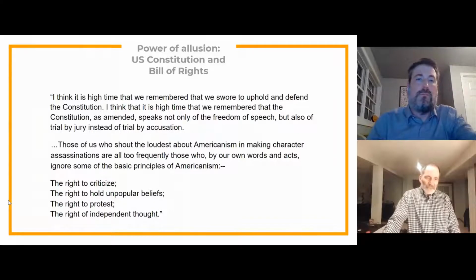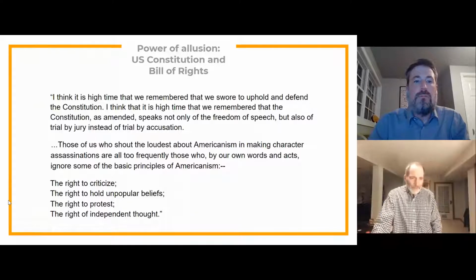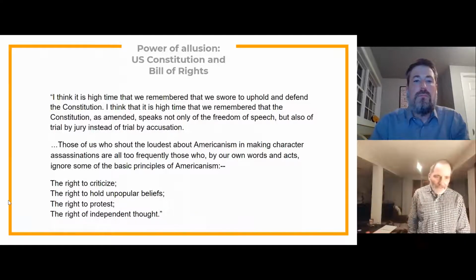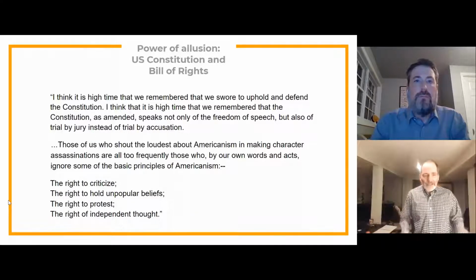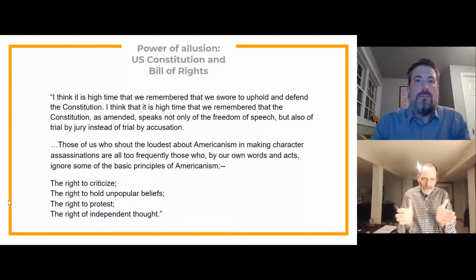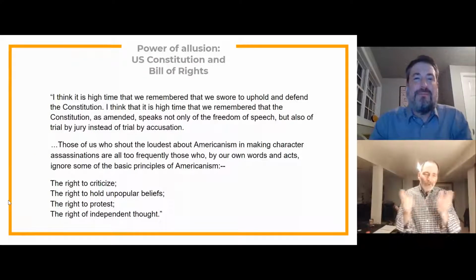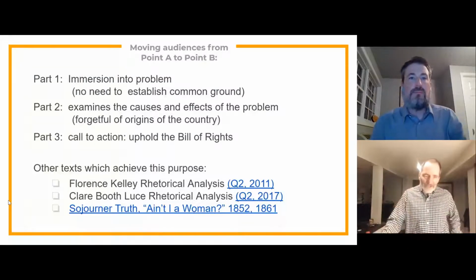I'll just read you the excerpt on the bottom: the right to criticize, the right to hold unpopular beliefs, the right to protest, the right of independent thought. And so by students understanding the Bill of Rights, the reasons the Constitution came into being, when they're studying Margaret Chase Smith's rhetoric, they have something to frame that. It's not just her getting angry with her own people over an excessive witch hunt, which I think is legitimate to see, but rather, what is the broader context? Therefore, shout out to a prior text.